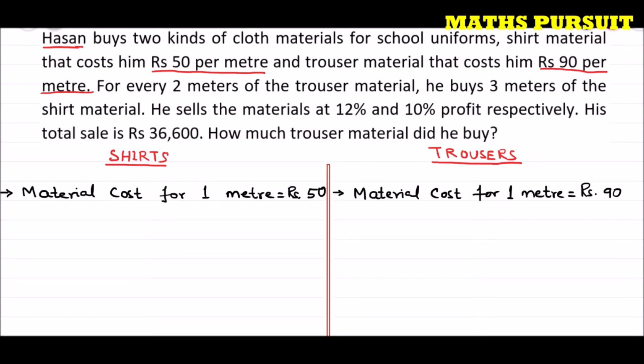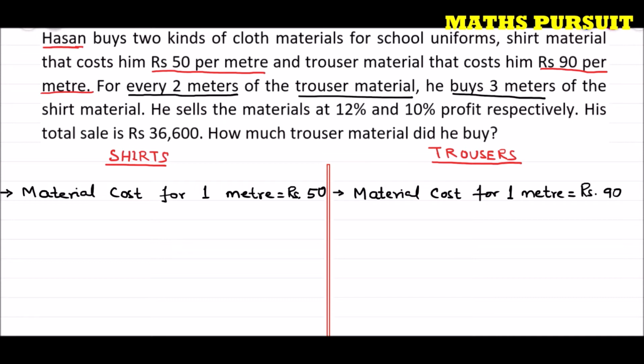Now if you look here, the second part of the question is saying that for every 2 meters of the trouser material purchased, he buys 3 meters of the shirt material. So guys, we do not know how much length of the shirt material or trouser material Hassan is purchasing.